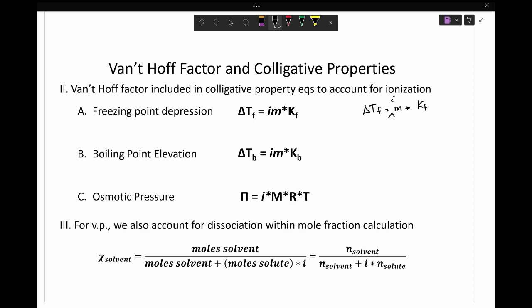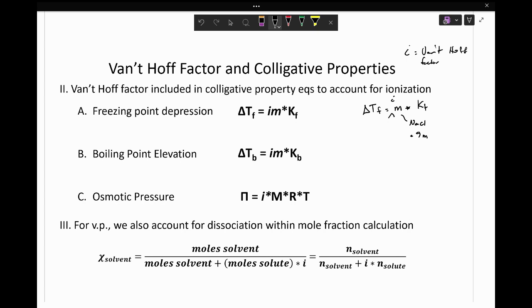So I can just say that i is equal to our Van Hoff factor, which just says that if I calculate the molality for something like sodium chloride, just like we did on the quiz as well as a problem earlier in the lecture on Wednesday, if I find that the molality of this is 0.9 molal, I just want to account for the fact that although I have 0.9 molal sodium chloride, that sodium chloride turns into, in the ideal sense, 2 particles.